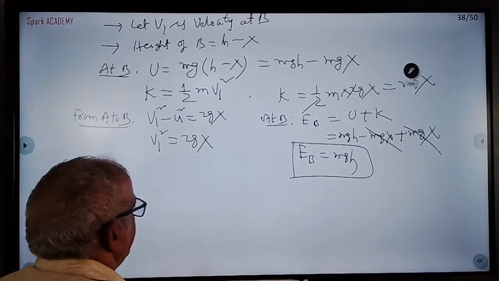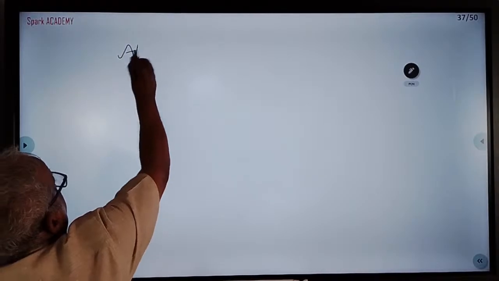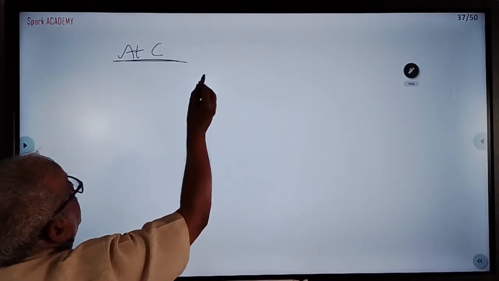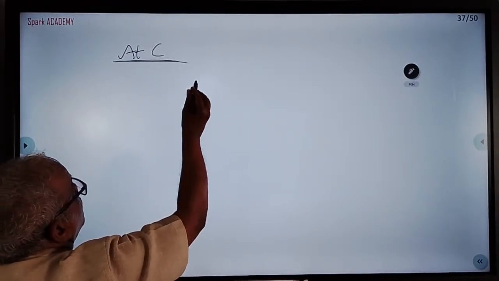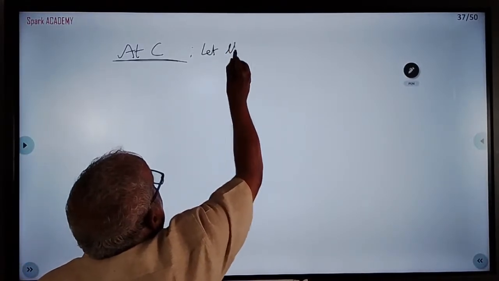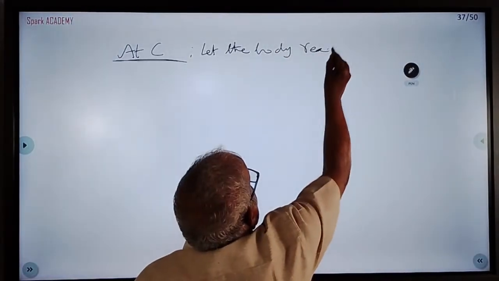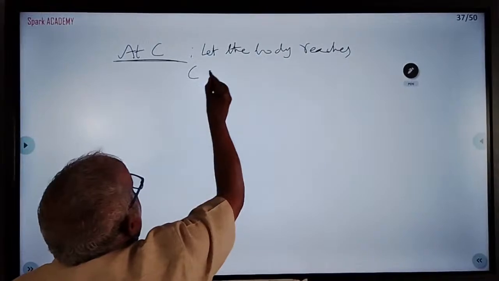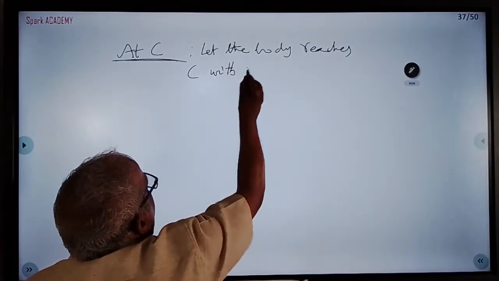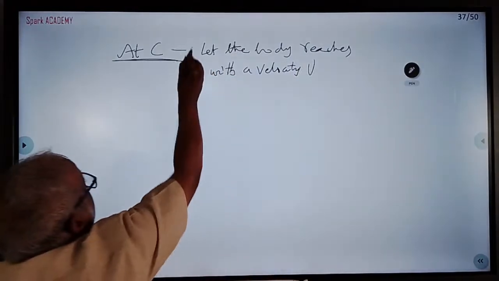Right. Finally, at C, after reaching the ground, let the body reach C with a velocity v.